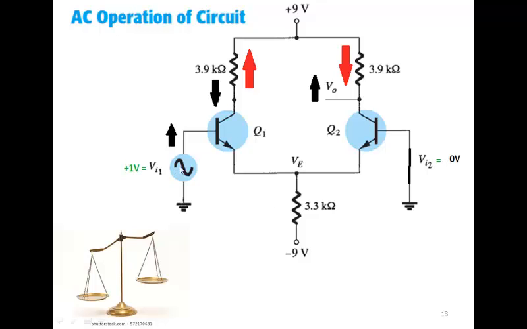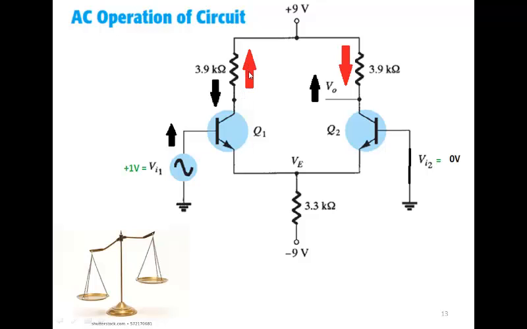Now let input 1 voltage go positive. If voltage at the base terminal increases, then the base current also increases. If base current increases, then emitter current also increases, and if emitter current increases, then collector current would also increase.